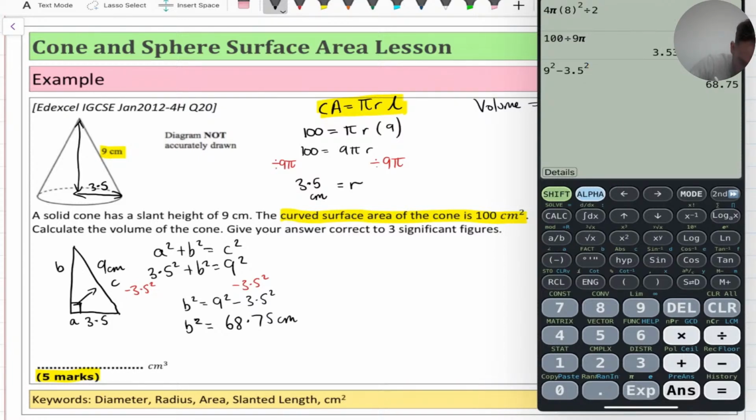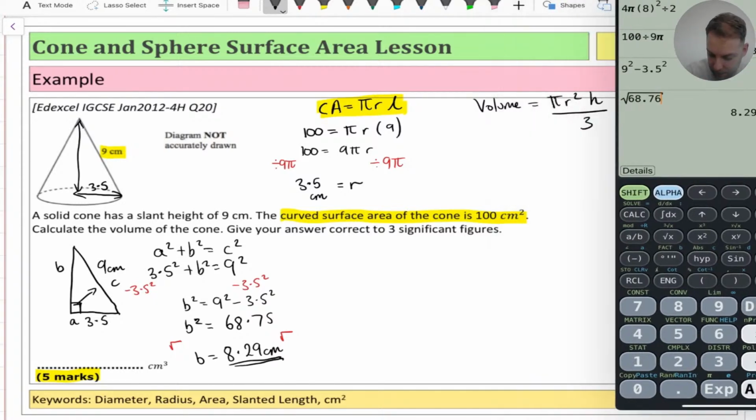It's not centimetres yet, because I've got to work out what B is by square rooting both sides. So B is the square root of 68.75, which is equal to 8.29 centimetres.